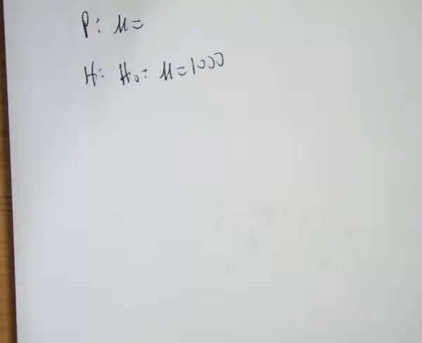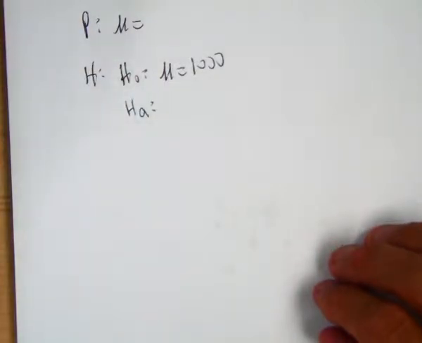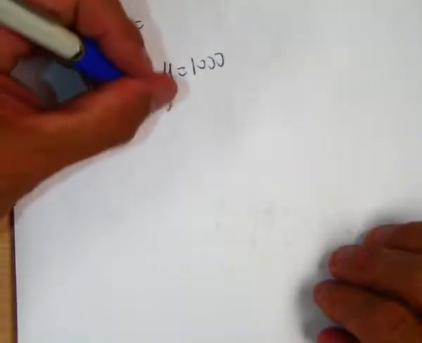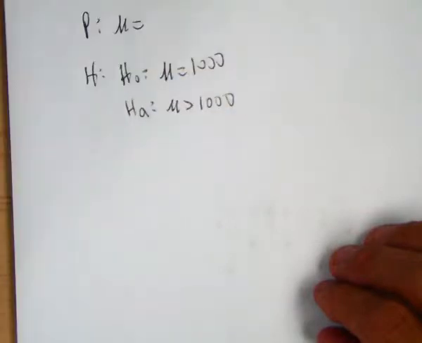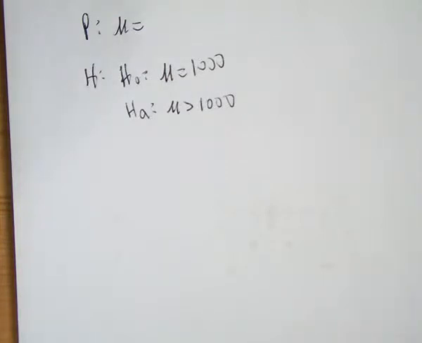So the alternative hypothesis is they said that there's at least 1,000. So mu is greater than 1,000. That would be the alternative. Okay, so they said there's at least 1,000, so we want to know if there's more than 1,000. Okay, so is there evidence that there's more than 1,000? Because they said there's at least 1,000.